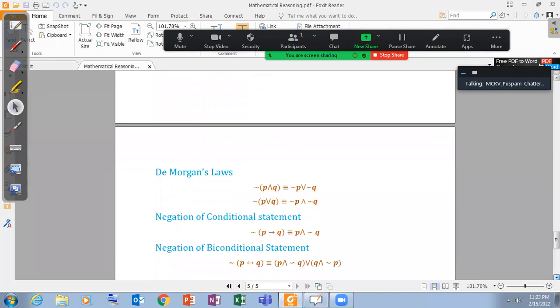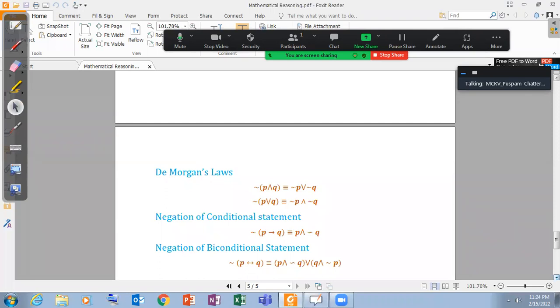Now, there are some laws associated with mathematical reasoning, with these statements. There are various laws, and actually all the laws are the laws of sets. The properties that we have are all properties of sets.